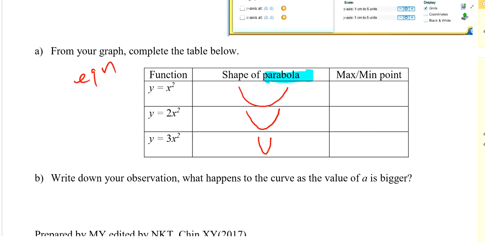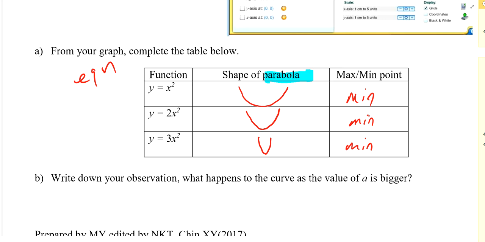Then on the other column, they say maximum or minimum point. What do you think you should fill up? Max or min? Minimum point, okay? Why is it minimum? It is of this shape, right? This U shape.